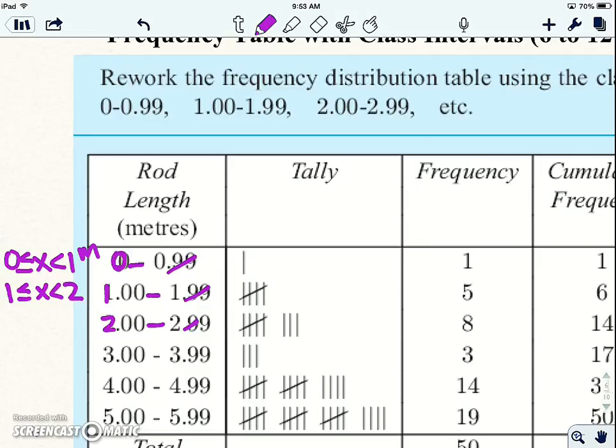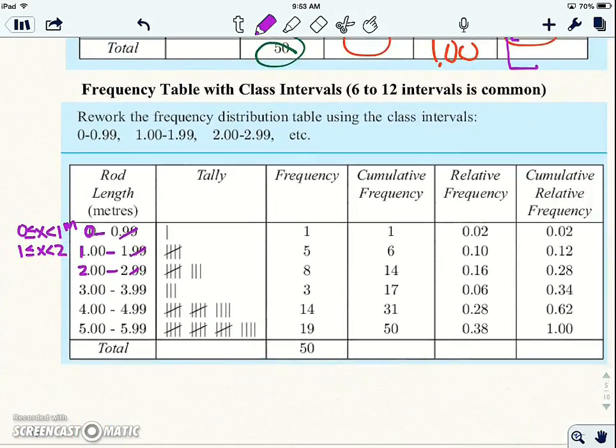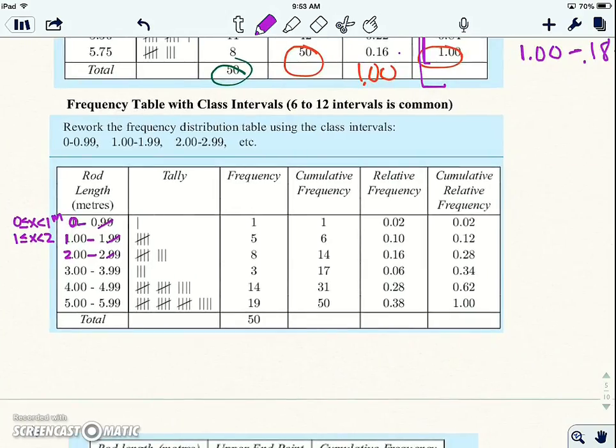But because this data didn't have anything between 0.99 and 1, they could do that. So what are these things called? Remind yourself, this is called a class or a bin. And in this case, we have a bin length.